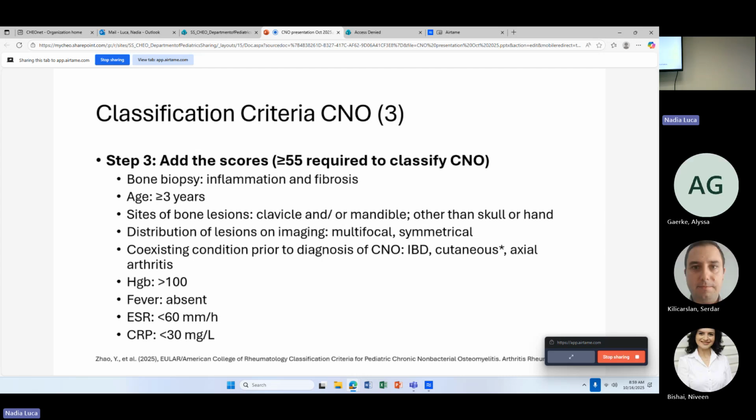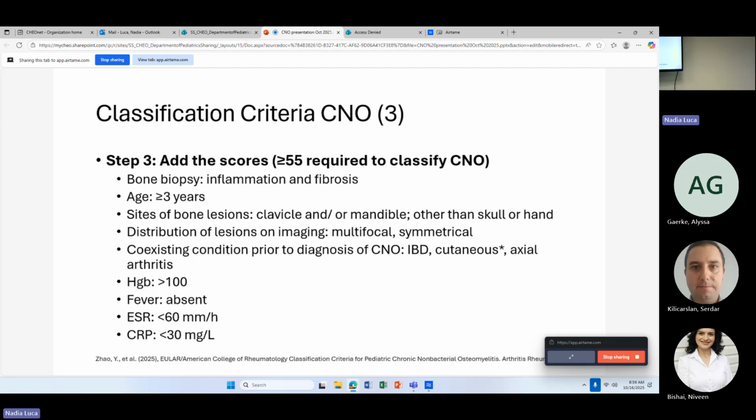But the things that we're looking for are findings on bone biopsy, which I'm going to go into, age greater than 3, and the sites of the bone lesions. So if you have clavicle and or mandible, you get a lot of points. But if you have skull or hand, it's less points. I don't think they subtract, but I think it's like 0 because it's very unlikely to be CNO.